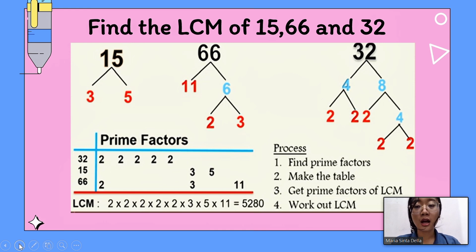Circle the primes as you have probably been doing already in school.